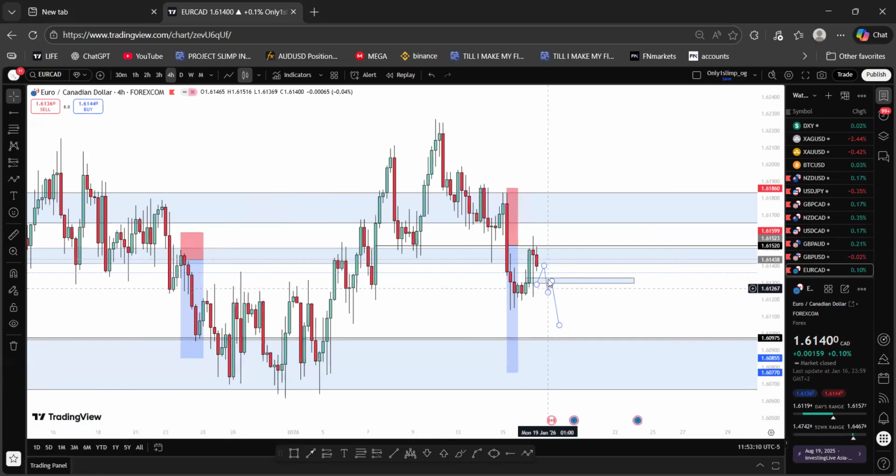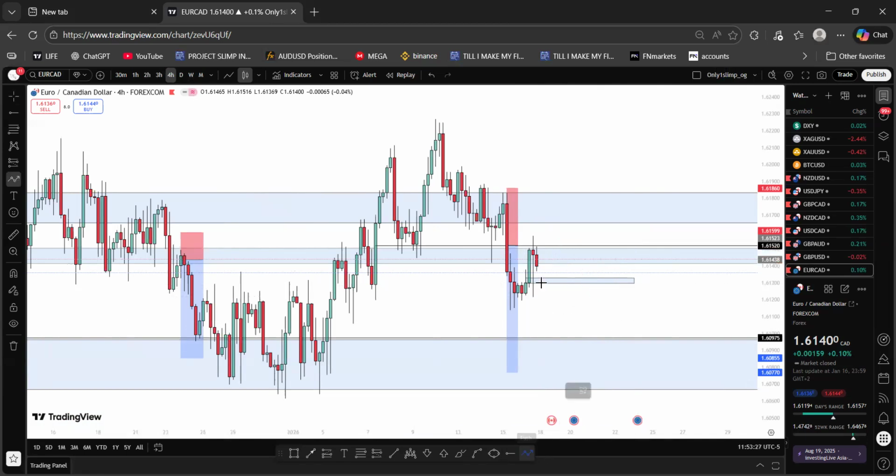Because this same pair here can simply change course and even end up giving me a perfect head and shoulder I'm looking for at this point. So I just have to be patient and observe what the market will do for me.